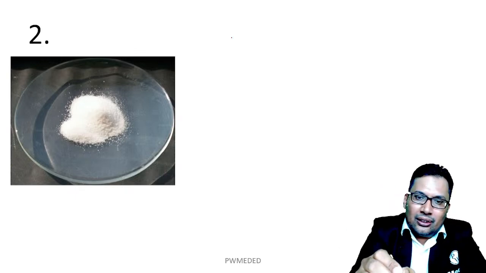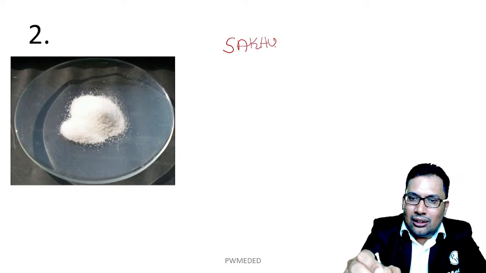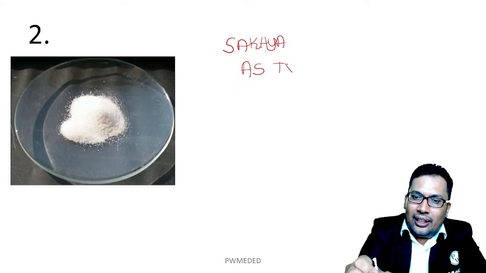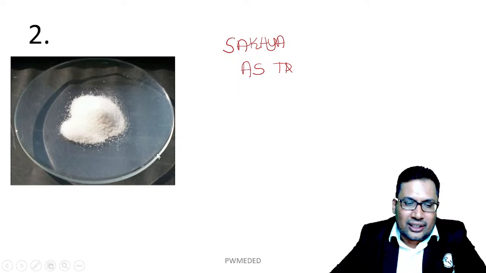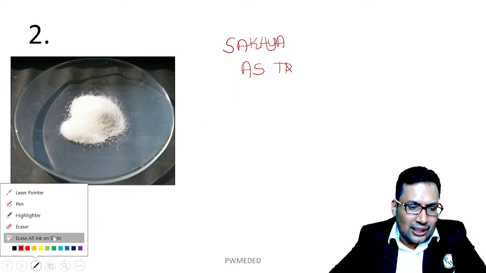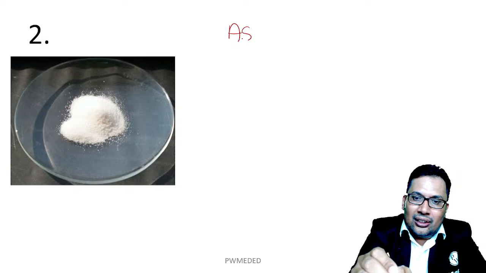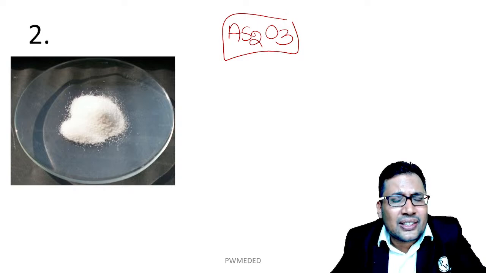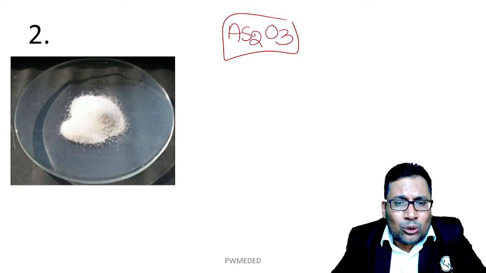This is Sankhya, also known as arsenic trioxide, As2O3. It's a colorless, tasteless compound, can be mixed with any food and drink.